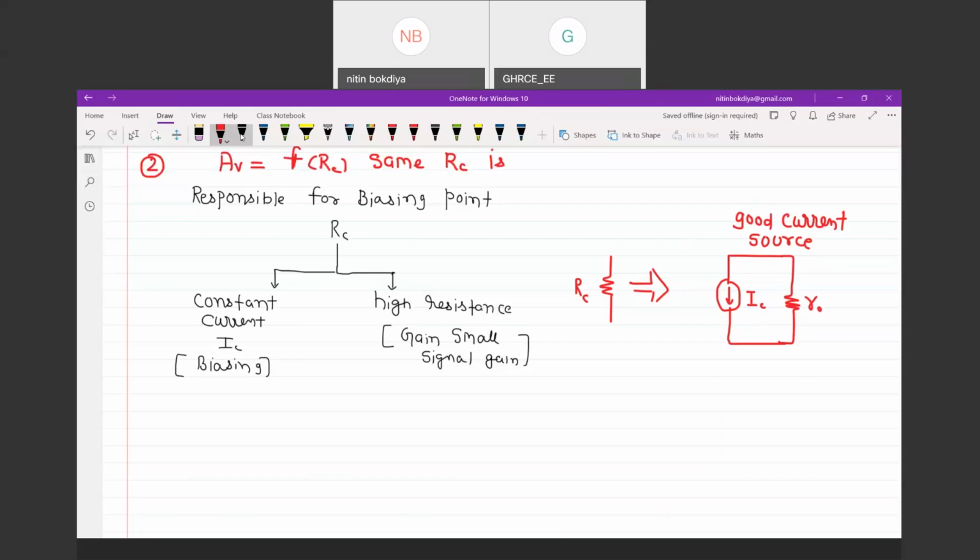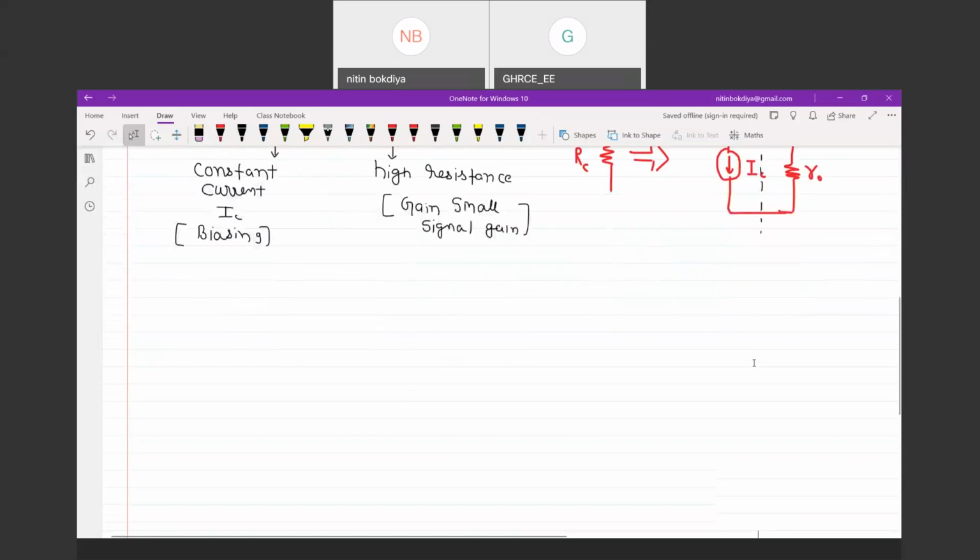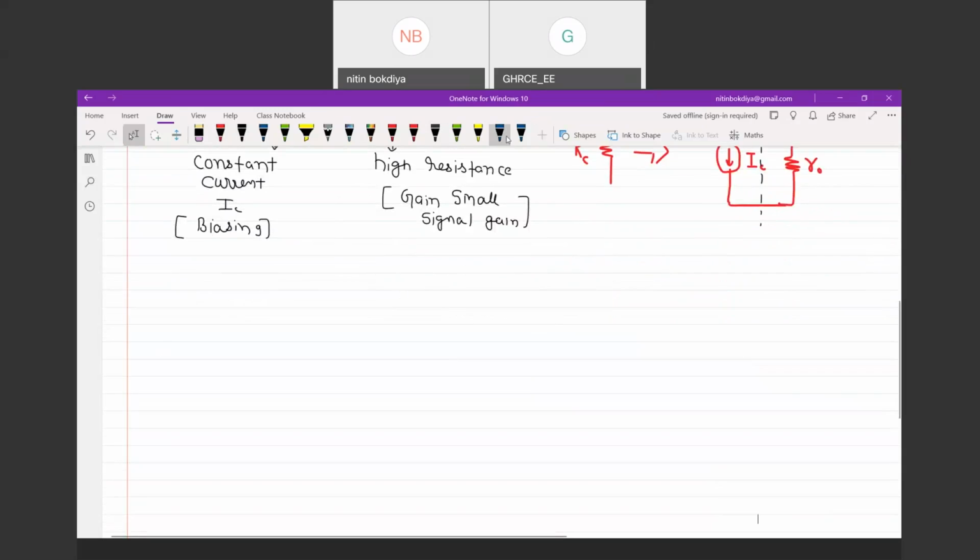So this is the idea. I can improve my basic gain cell by this. The improved gain cell will look like this.